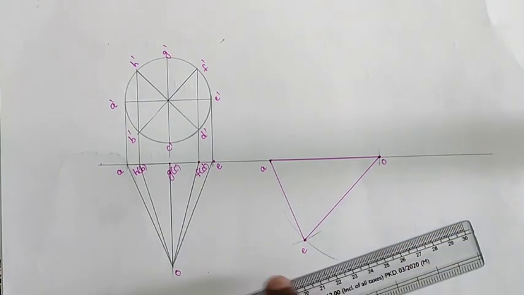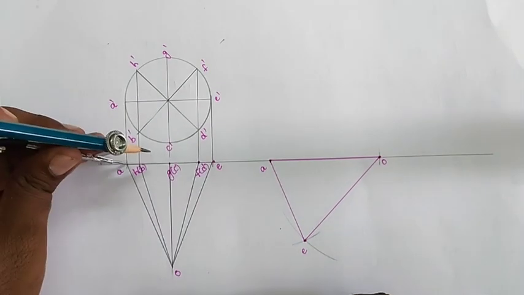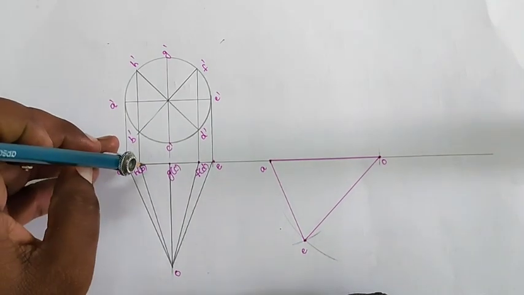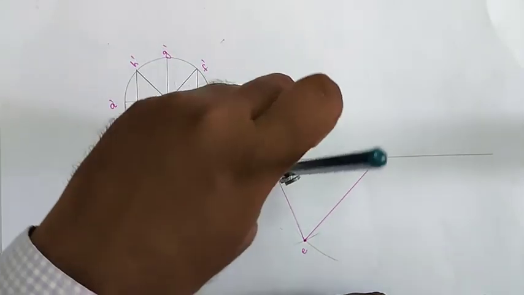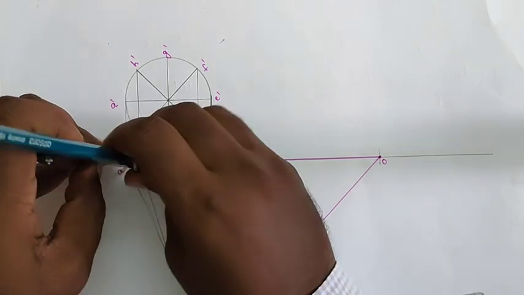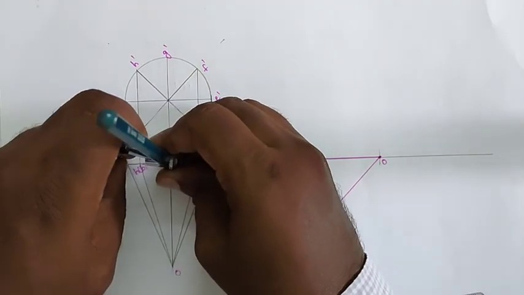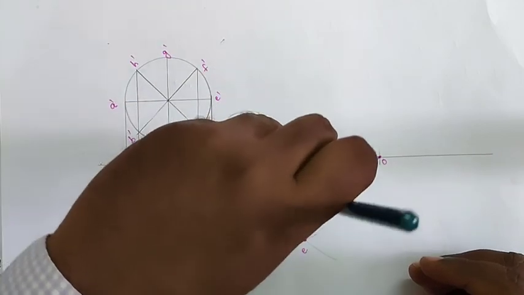Now with the distances H to B, A to H, by measuring the distance from point to point, we can locate the B point, and also you can locate the C point, D point, and all the points in the second top view.